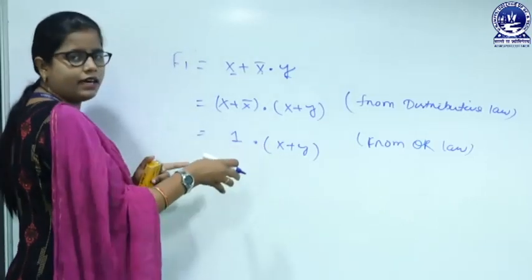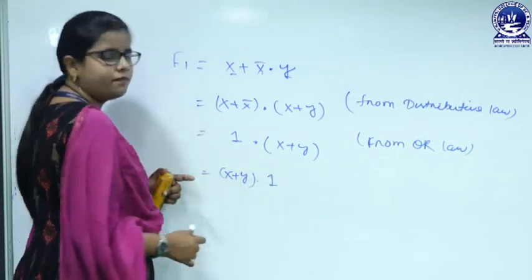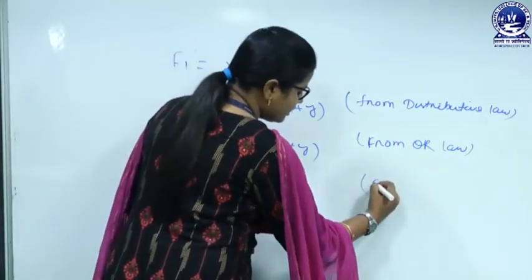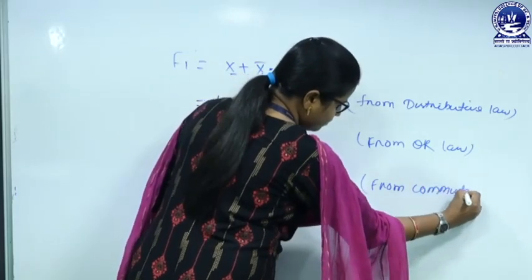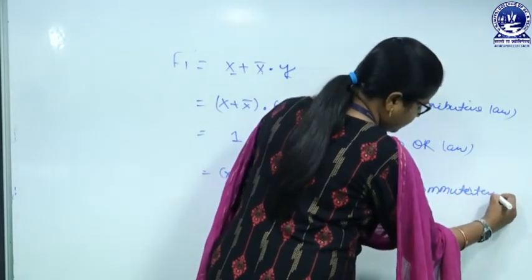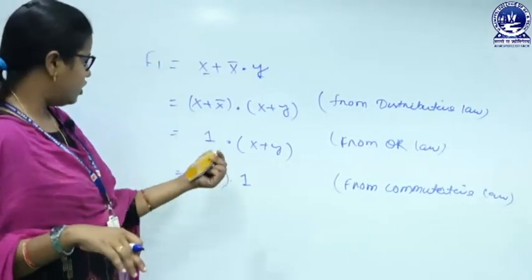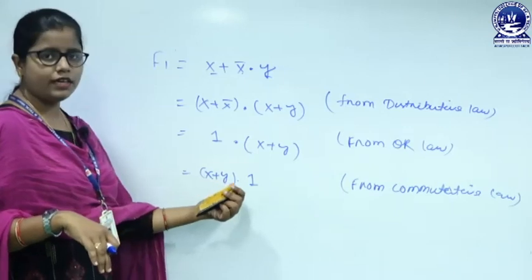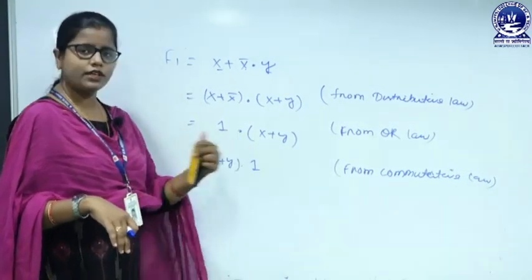Now we can write it as x plus y into 1. This is from the commutative law. The commutative law says a plus b equals b plus a. So we can write x plus y into 1 from the commutative law. This is also 1 into x plus y.